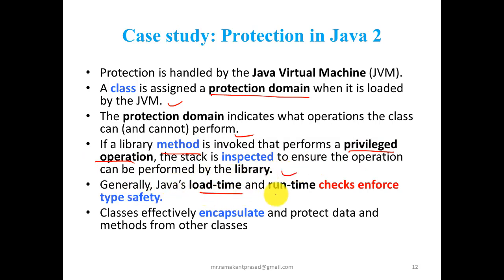Generally Java load-time and runtime checks enforce type safety. Therefore Java is known as a strongly checked language. The classes effectively encapsulate and protect data and methods from other classes, which is known as encapsulation. For that we use the class mechanism to protect our functions, methods and data in Java.